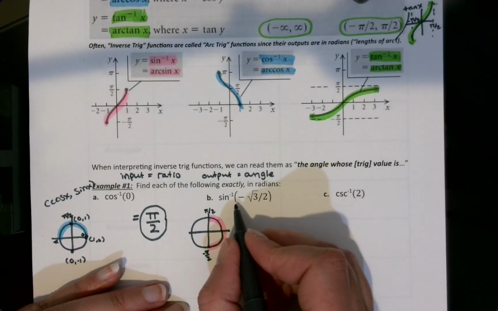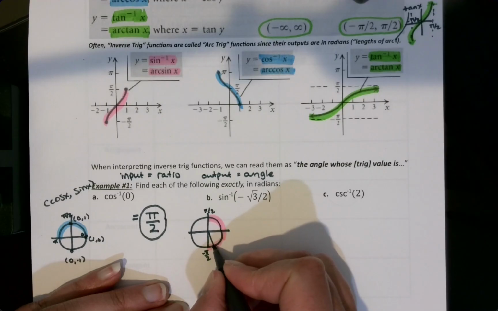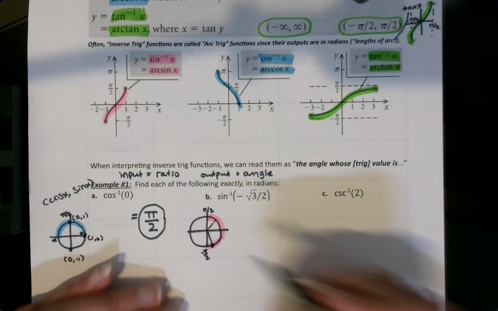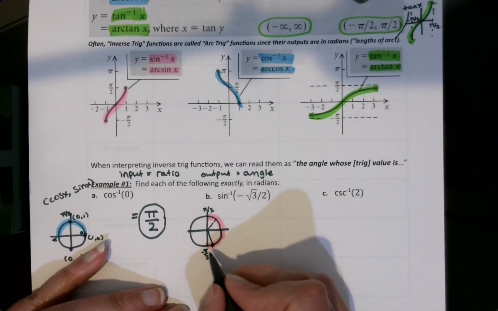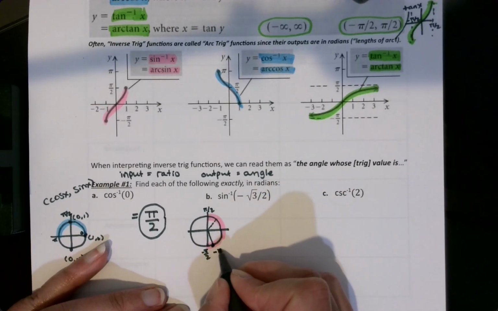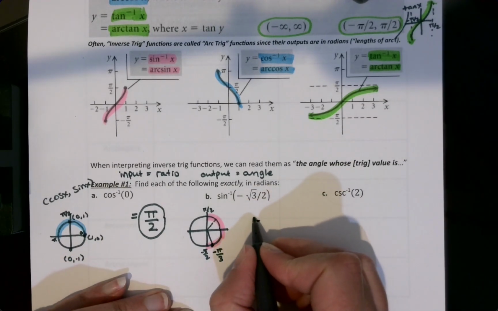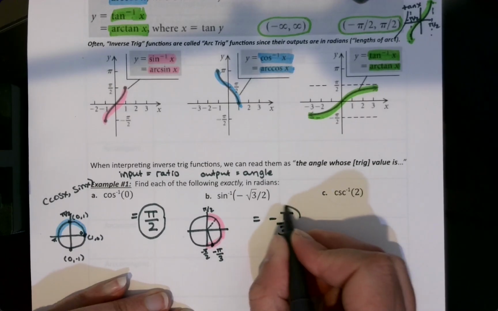And I need it to be negative root 3 over 2. So that's going to be height taller. So it's going to be down here. It's got a reference angle up here with the height taller. Again, this is pi sixths. That's pi thirds. When we go backwards, this angle would be negative pi thirds.